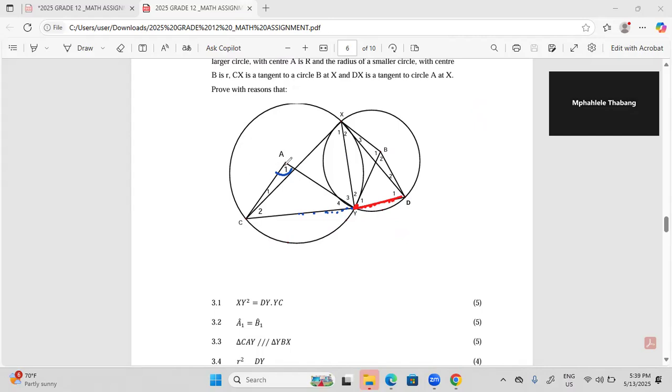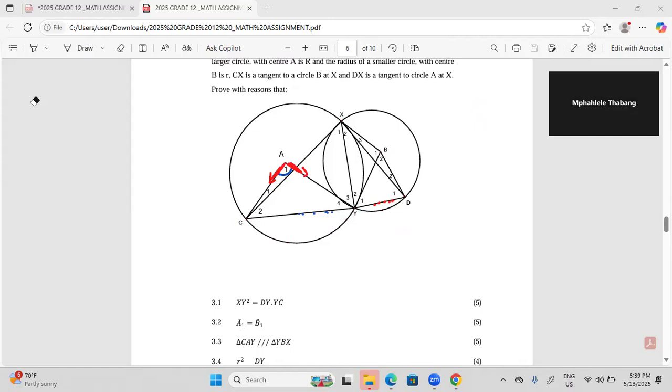If we look at these two lines that form the angle A1, where do these two lines come from at the circumference? One comes from C, one comes from Y. So we say the angle A1 is subtended by CY. It's very important to know what subtends the angle. So the angle A1, which is the angle at the center, is subtended by the chord CY.